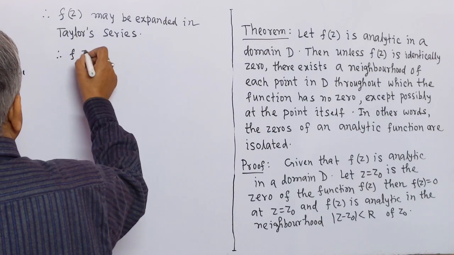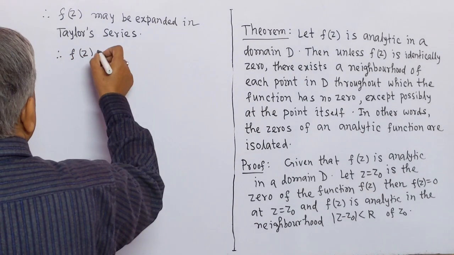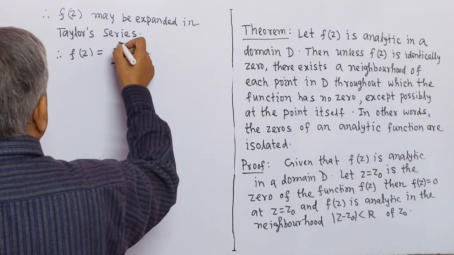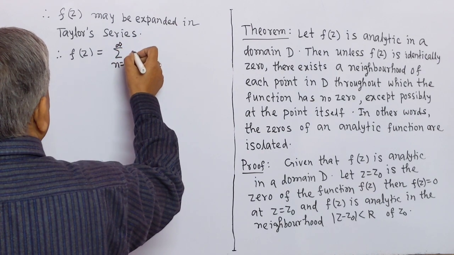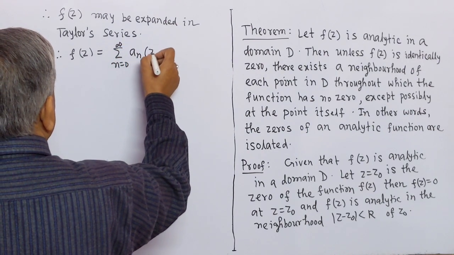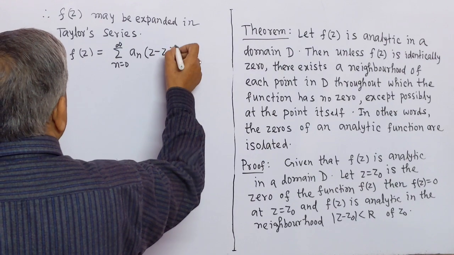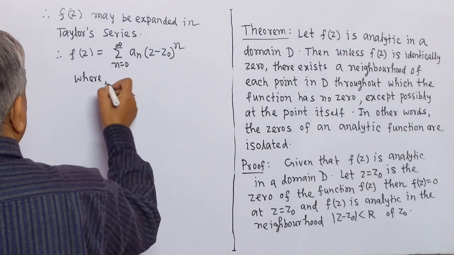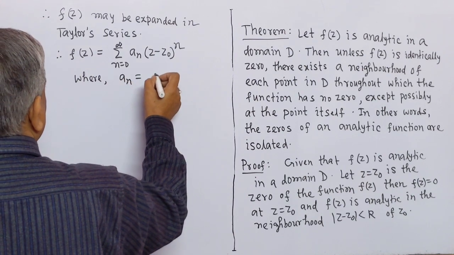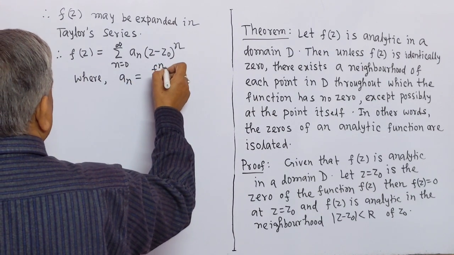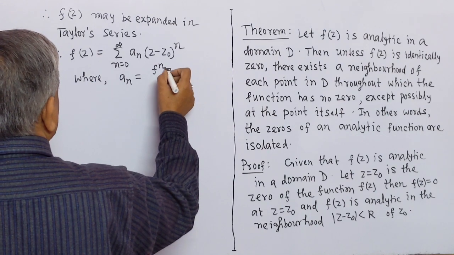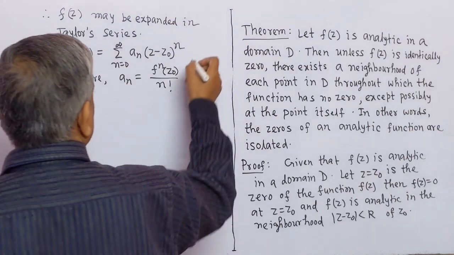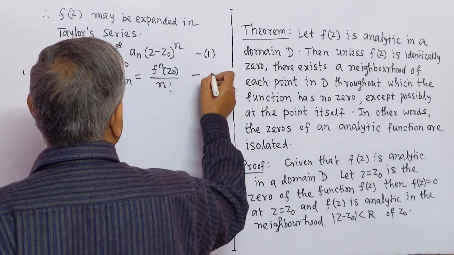Therefore, f(z) equal to sigma n equal to 0 to infinity a n (z minus z naught) to the power n, where a n equal to the nth order derivative of the function at the point z equal to z naught divided by factorial n. Let this be number 1 and this be number 2.